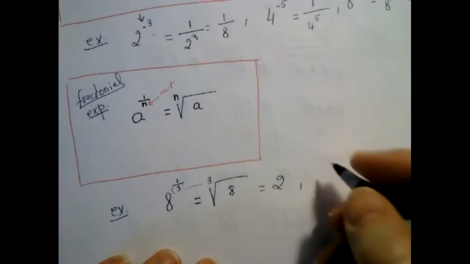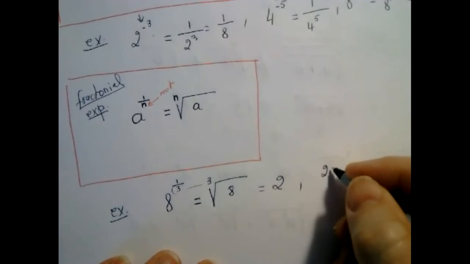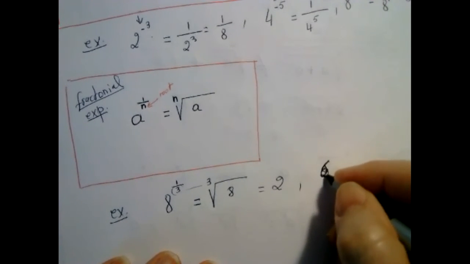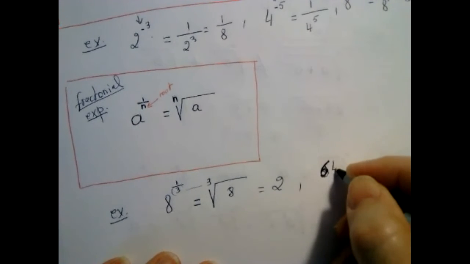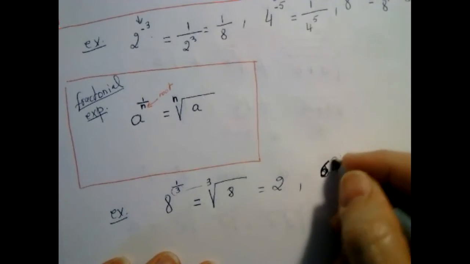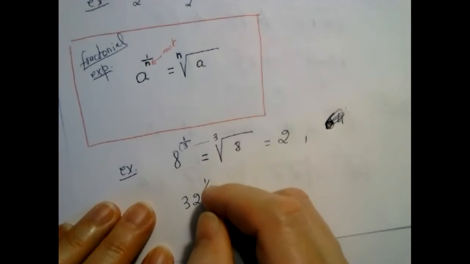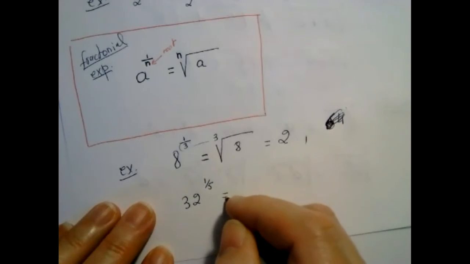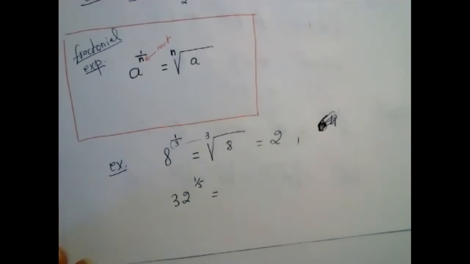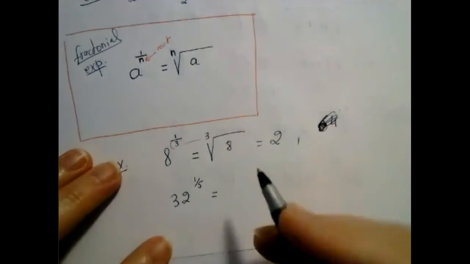So let's take another example. Again, a simple example: 32 to the power 1/5. What does this mean? I don't want the answers. I want you to rewrite it using the root.